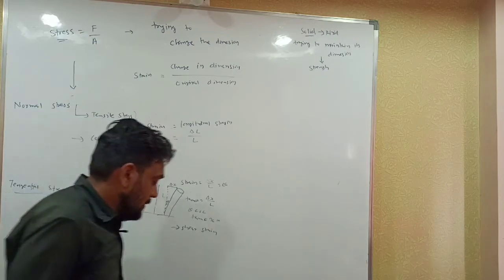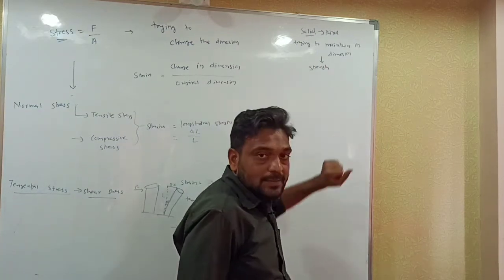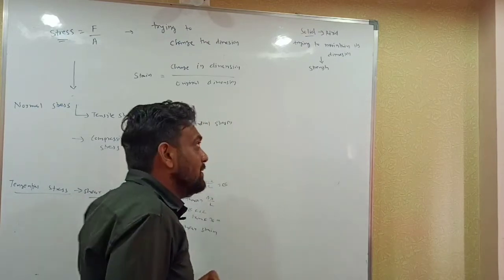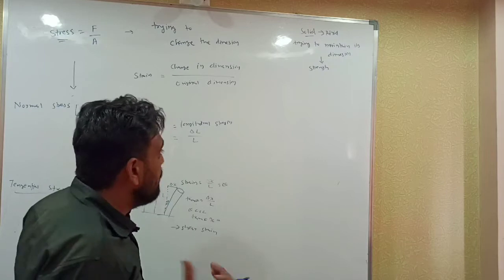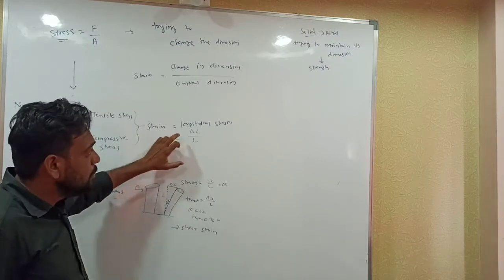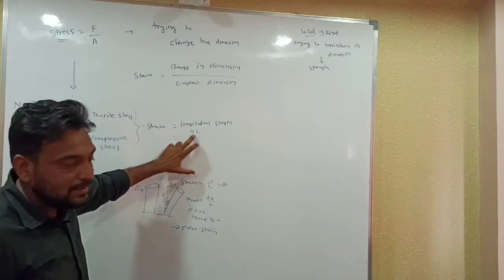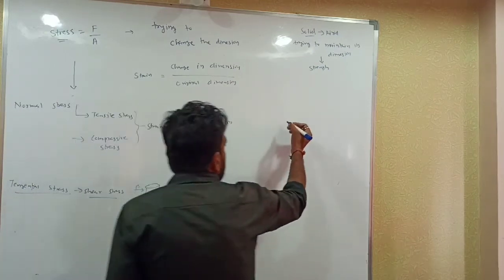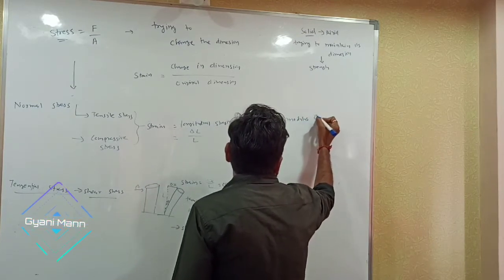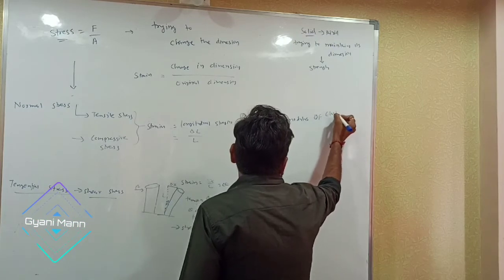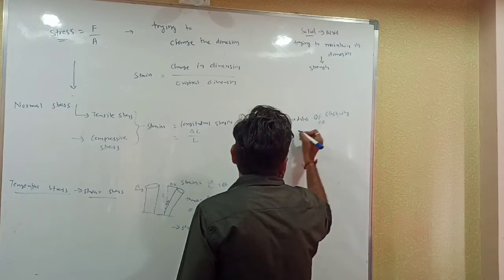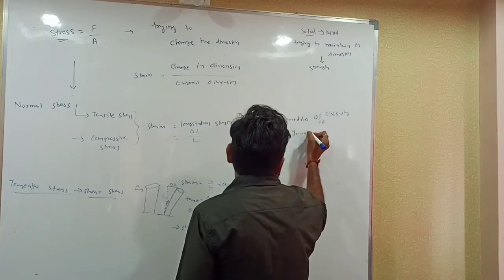Now, let us understand the strength. Strength is nothing but trying to maintain its dimension. The property of a material which opposes change in longitudinal dimension is known as modulus of elasticity, or Young modulus.